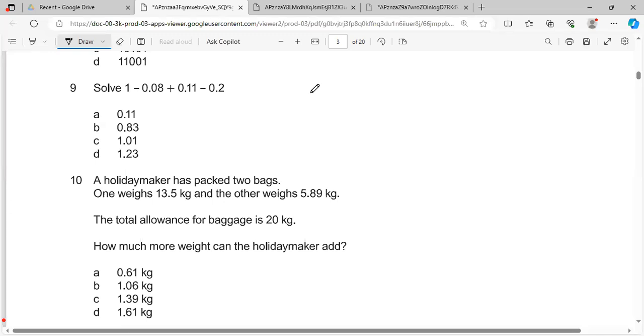All right. We want to do it step by step. We could actually add first, but I think we're gonna do it step by step. So we have 1. We're gonna rewrite 1 as 1.00, and take away 0.08. Rule with decimals: once you're adding and subtracting, decimal point on the decimal point.